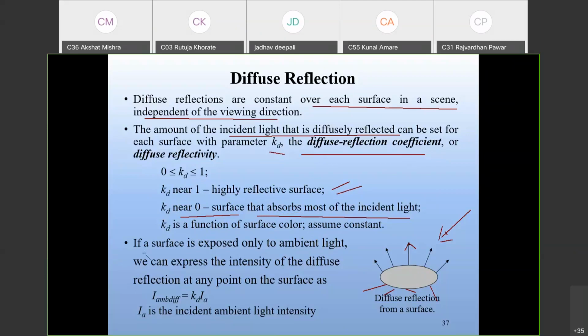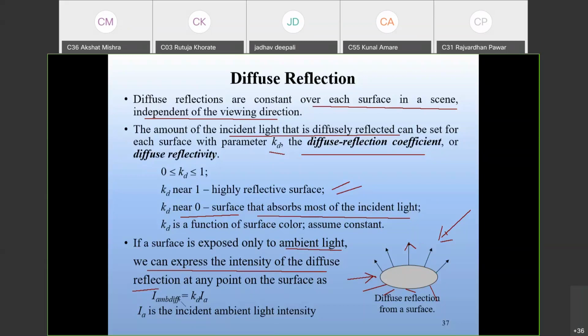If the surface is exposed only to ambient light, we can express the intensity of diffuse reflection. We consider that there is ambient light here, and the type of reflection is diffuse reflection. Then how can we express the intensity of diffuse reflection at any point of the surface? I ambient, Ia.